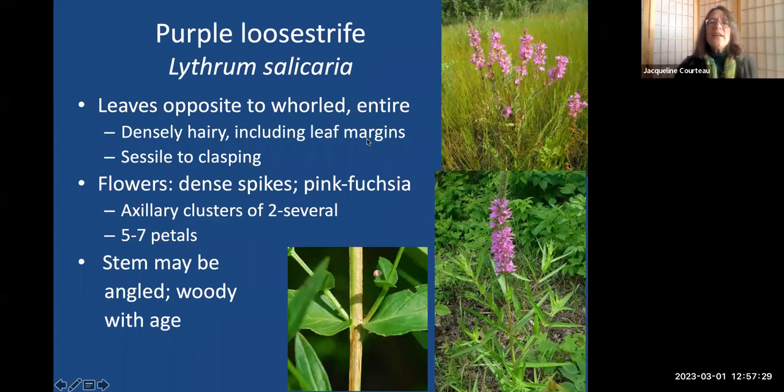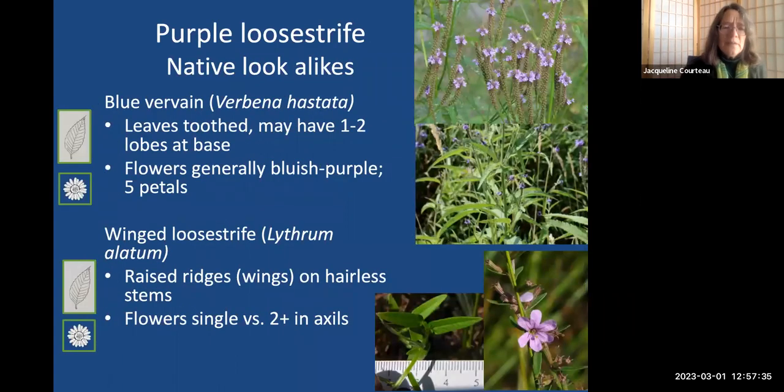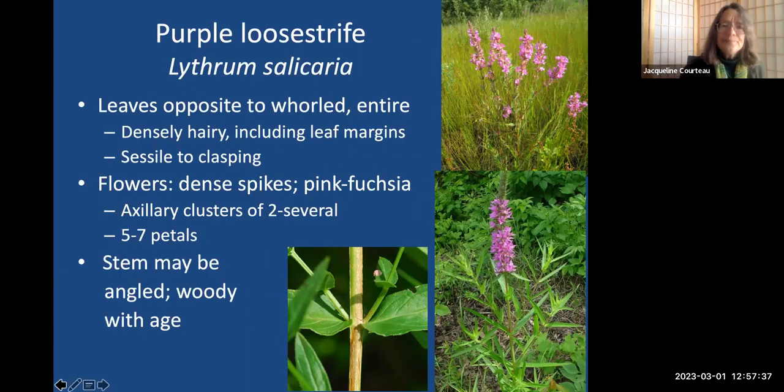So purple loosestrife, Lythrum salicaria, opposite to whorled. The entire upper part of the plant is densely hairy, so that can be really key, including the leaf margins. The flowers are in really dense spikes.